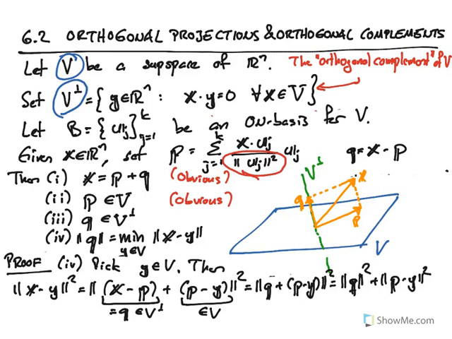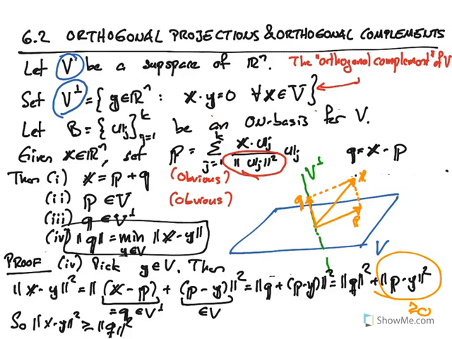So this shows that x minus y, since this quantity is non-negative, I know that x minus y is bounded from below by q, which is precisely this statement. That's what I wanted to show, and I have now shown this.